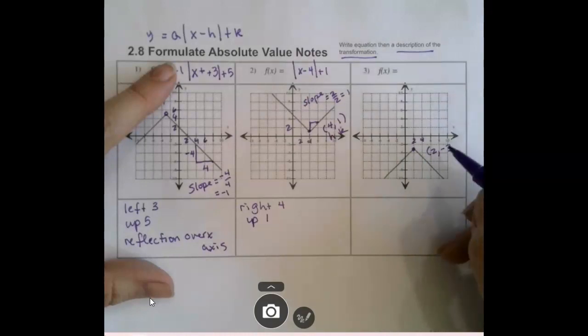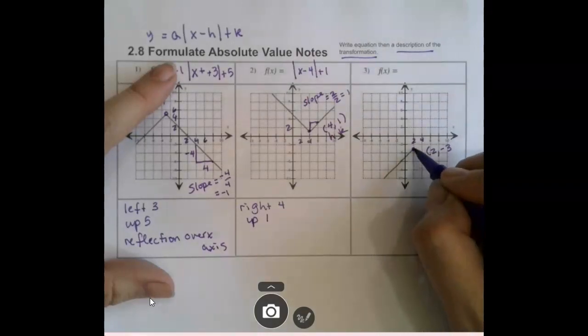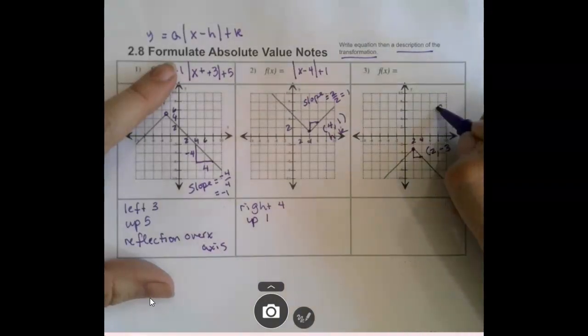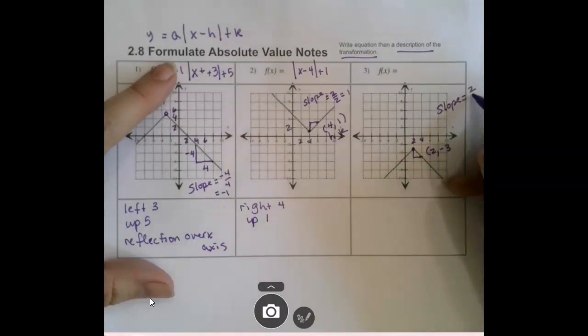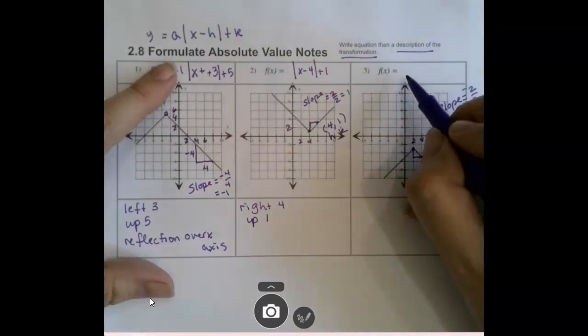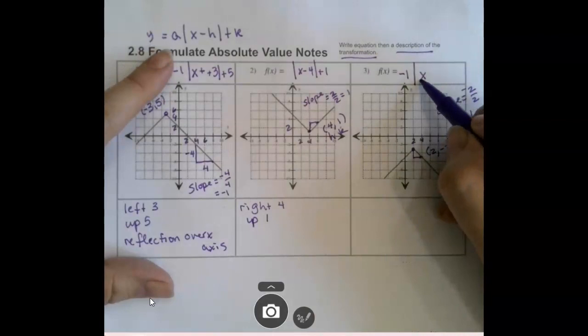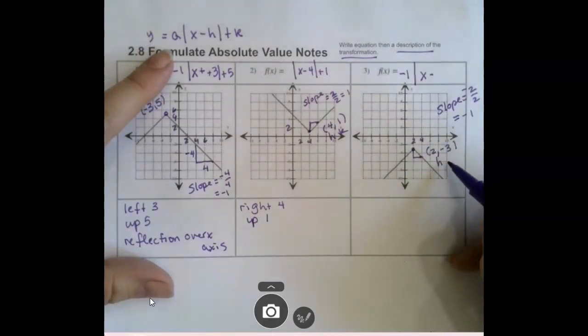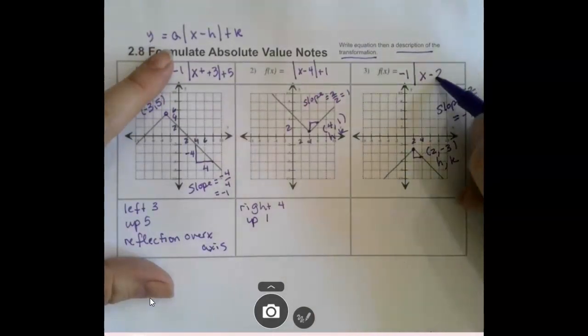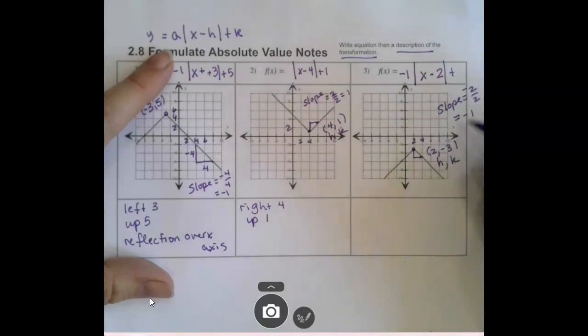And my slope is still 2/2. Negative because it's going down, so it's -1. So when I write it, A is -1, absolute value of x minus h. Here's my h and k. H is 2, minus h plus k is -3.